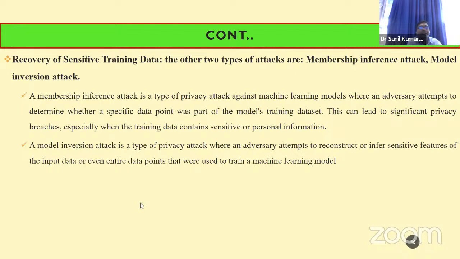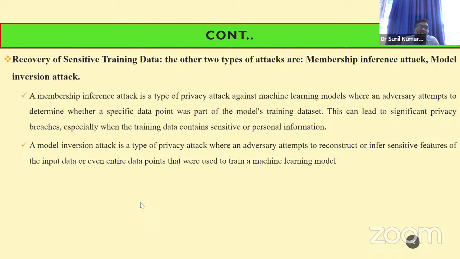And if we look at the last perspective of this attack, recovery of sensitive training data, in this particular case the two types of attacks are the membership inference attack and the model inversion attack.